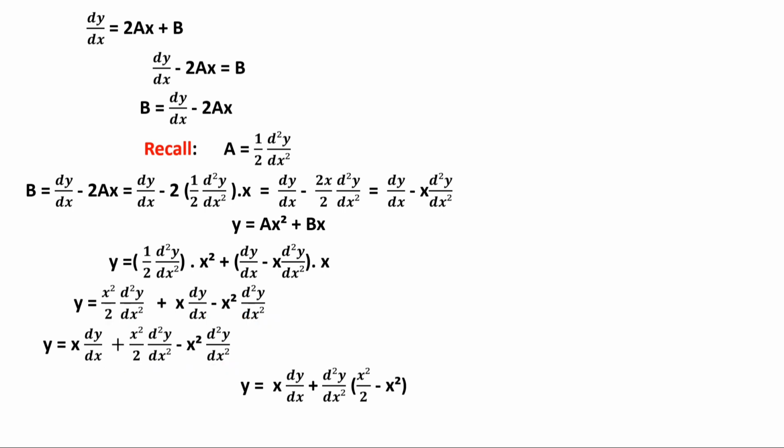So if I factor out d square y over dx square, here I will be left with x square over 2. I've already factored out d square y over dx square. So I will be left with x square over 2 minus. Now if I factor out d square y over dx square here, I'll be left with x square here. So this is what we arrive at.